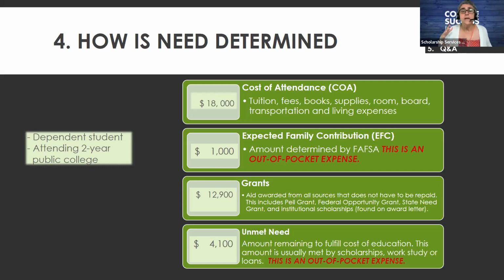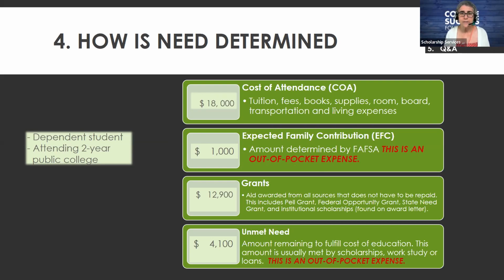But imagine this is the first time you see an award letter, you see this, and you assume, okay, we have to figure out where that $4,100 is going to come from, right? That is sort of the very simplistic way of looking at an award letter, or the untrained eye, right?